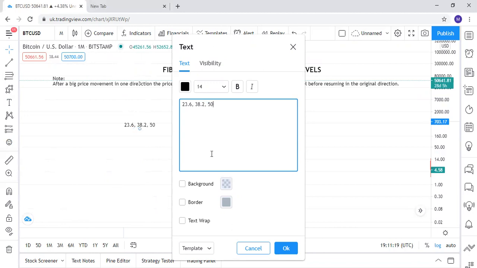We have the 50 level. We have the 61.8 level. We have the 78.6 level. We have the 88.6 level, and we have the 94 level.